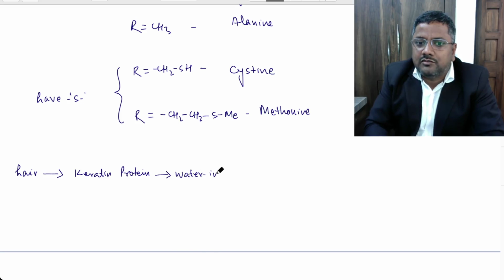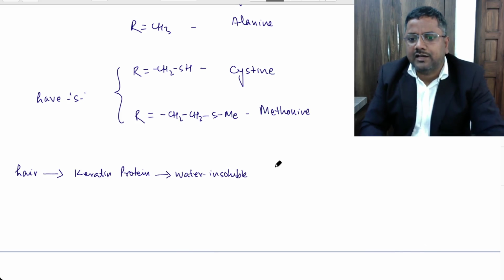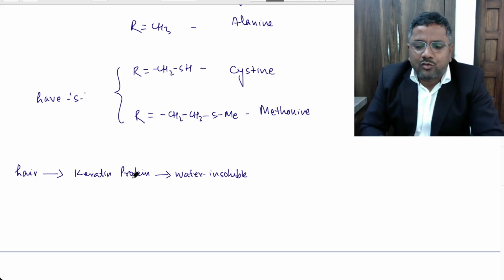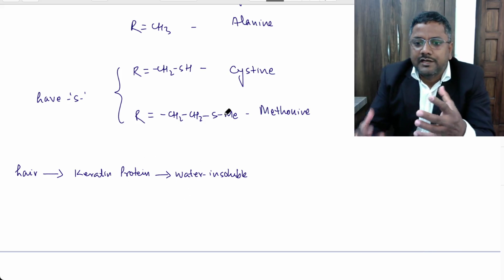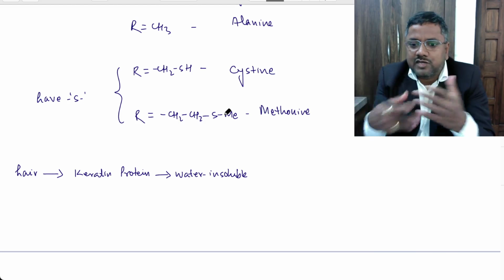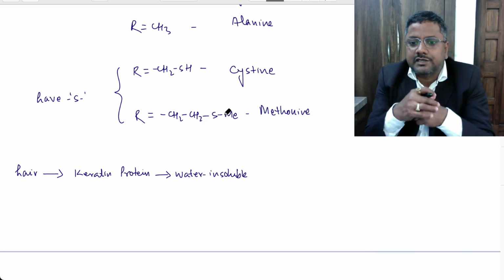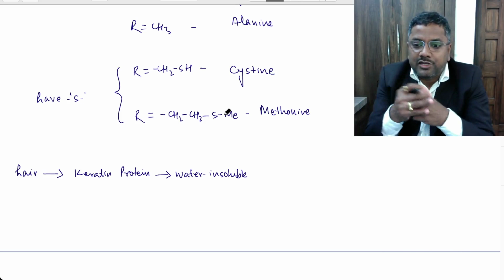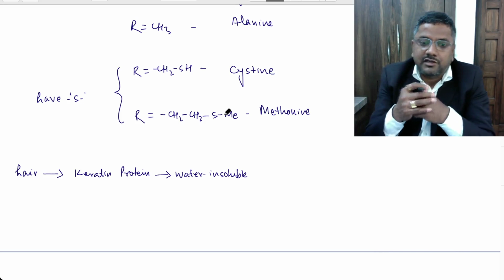In the same chapter, same topic, I will discuss when a protein becomes water soluble and when it becomes water insoluble. Although proteins have polar groups, COOH and CO and NH, all these groups present in protein, it is water insoluble, like hair and nail, all are keratin protein, water insoluble.